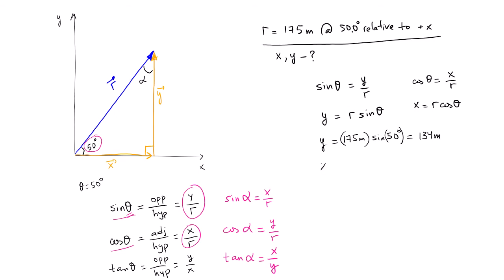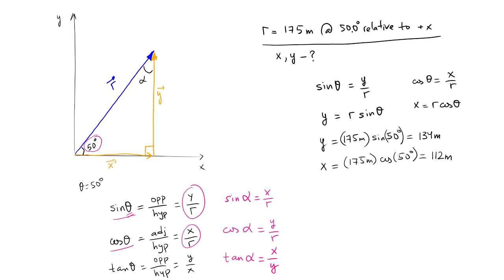We can do the same thing for the x component. That is 175 meters times cosine 50 degrees. And when we put that into the calculator, we'll get 112 meters.